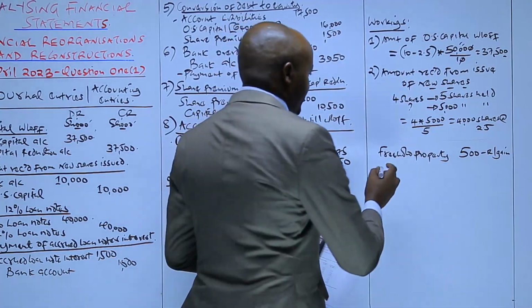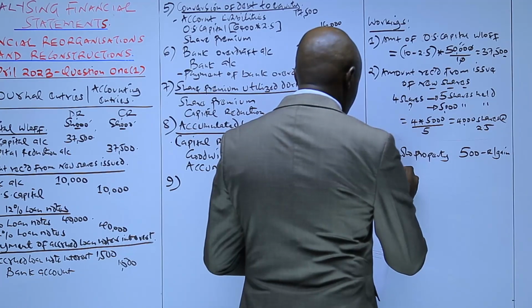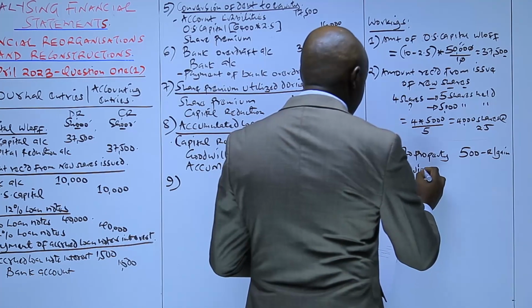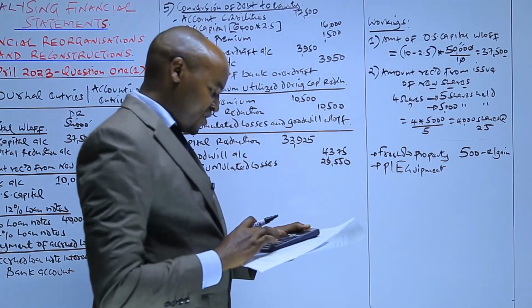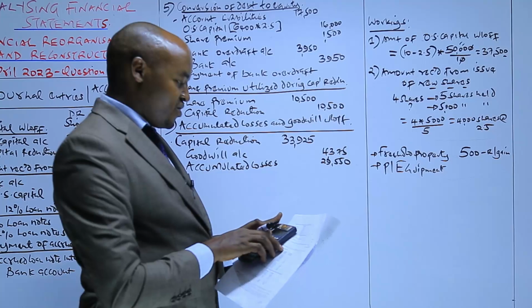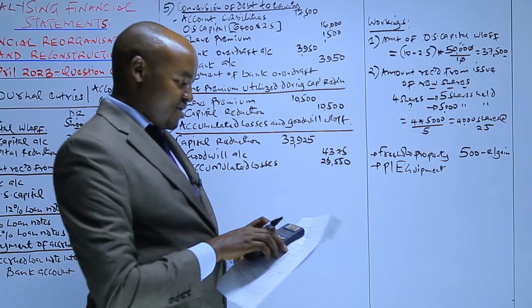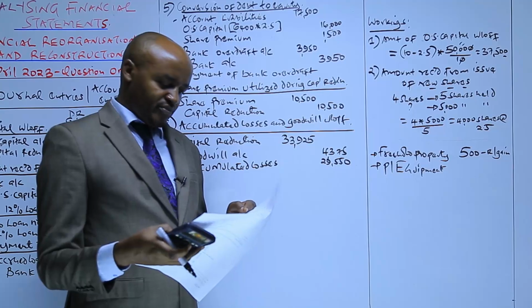So we do the same for the other asset, that is plant and equipment. Plant and equipment was revalued to a figure of 95,005. What was its net book value or the carrying amount in the statement of financial position?